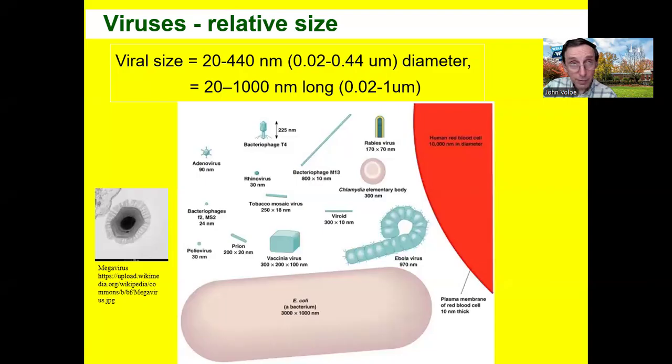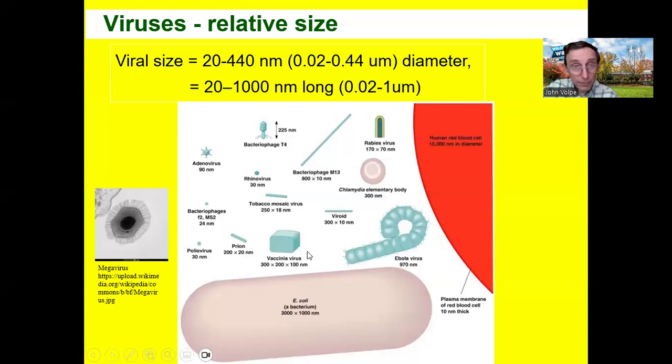The smallest prokaryote cell that is believed to be viable is down to about 400 nanometers. So viruses can get as big as the smallest prokaryote cell, but most viruses are something in between, and that means they're about 1/10 or less the size of a prokaryote cell.